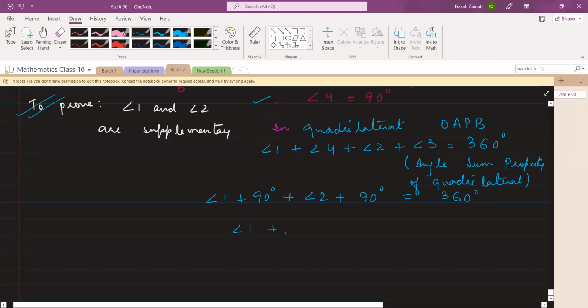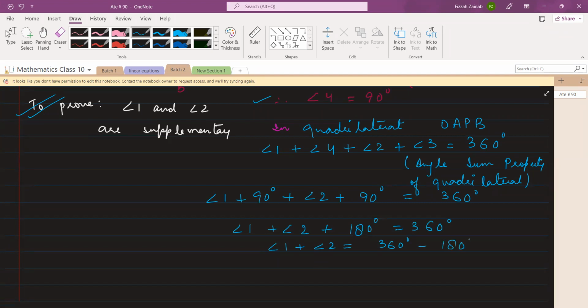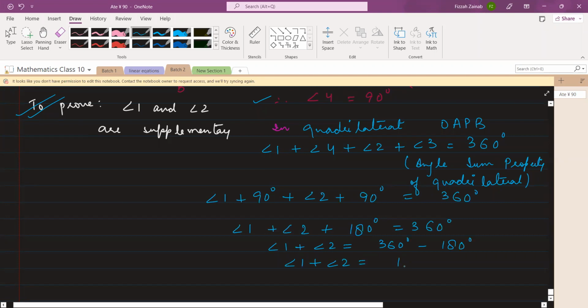So angle 1 plus angle 2 plus 180 is 360, so angle 1 plus angle 2 is 360 degrees minus 180 degrees, and angle 1 plus angle 2 is 180 degrees, right? Therefore angle 1 and angle 2 are supplementary.